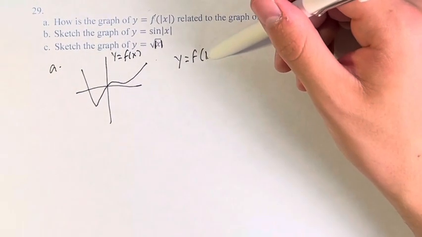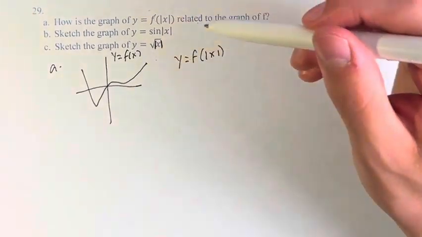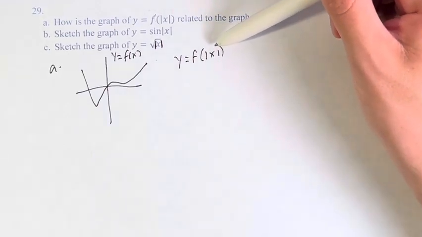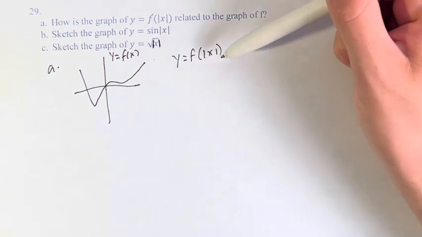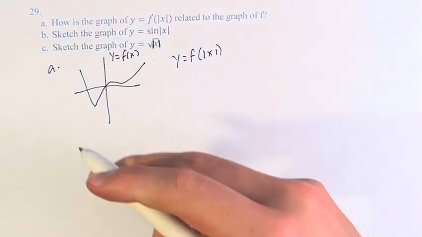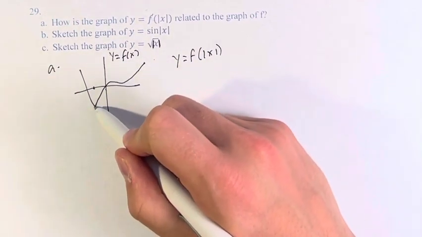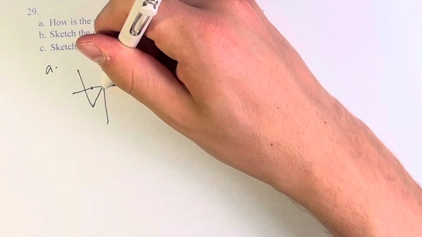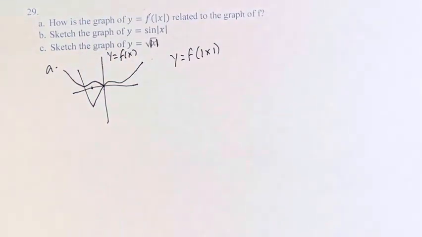So if x is positive, this is just f of x, and this stays the exact same. However, if x is negative, then we are taking f of the positive equivalent. So the value of this point on f of the absolute value of x is the equivalent over here in the positive direction. So it's actually going to mirror it like that.